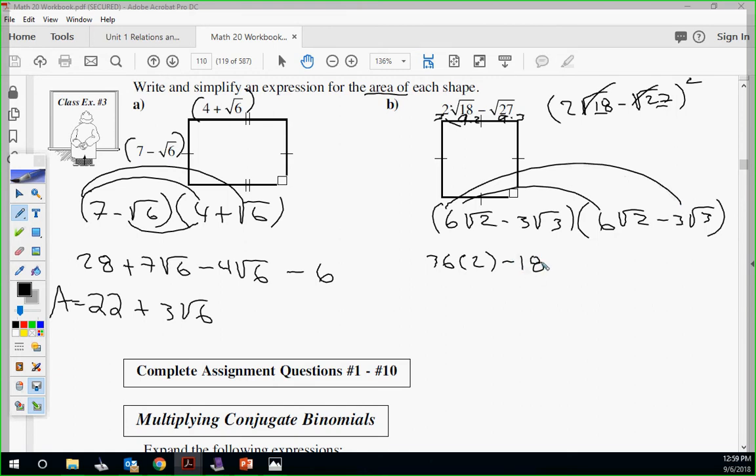Root 2 times root 3 is root 6. What's that? This one? They're the same. So these two things are exactly the same because they're the same side.